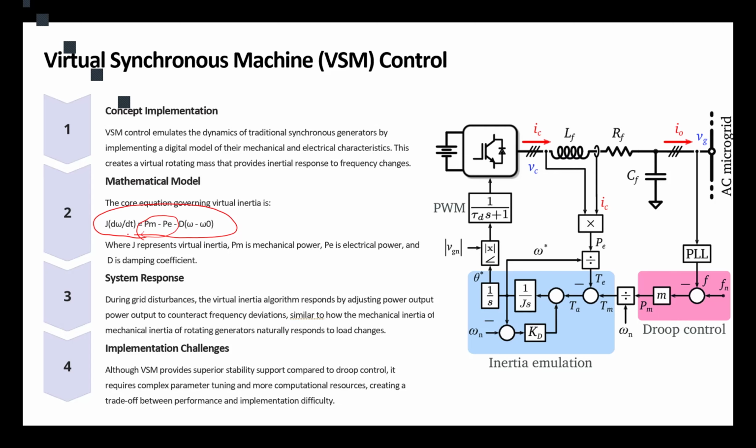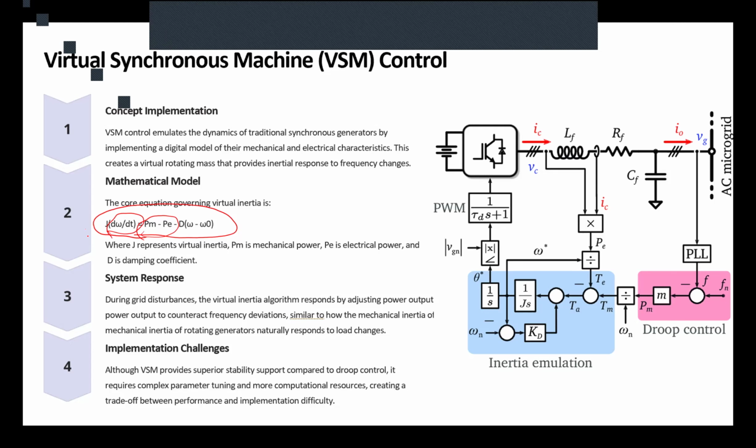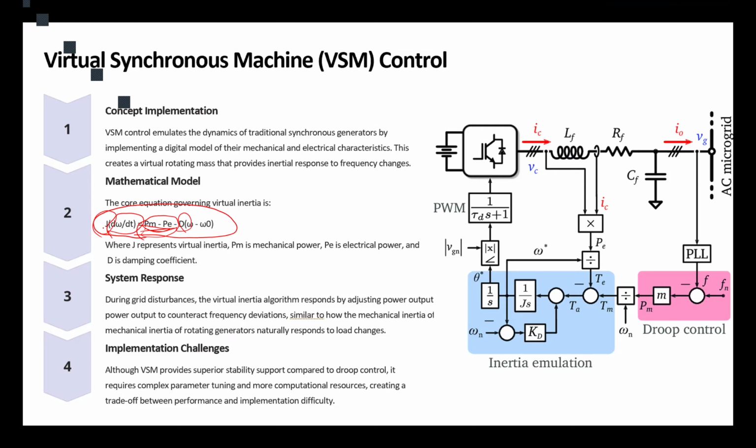And if it's underloaded, it starts to speed up. Same here. The change in the speed of the rotary machine is defined based on the input and output power, electrical and mechanical power, and the characteristics of the machine, which are the damping factor, the friction, and the inertia, which control how fast and how strongly the speed of the rotary machine responds to variation in the load.